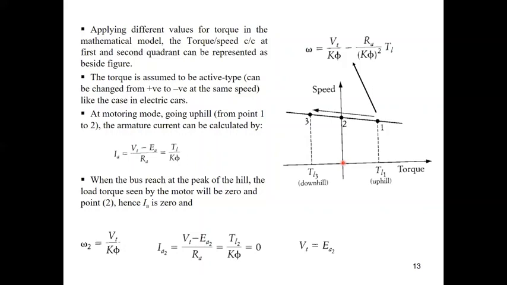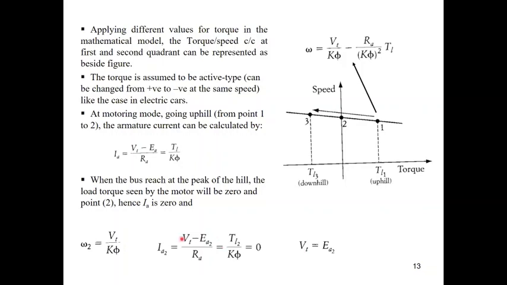So the relations we can apply at that point: omega 2, the speed at point 2, equals V terminal divided by Kφ, and IA2 is 0, which equals VT minus EA2 divided by RA, which is also equal to torque load divided by Kφ.